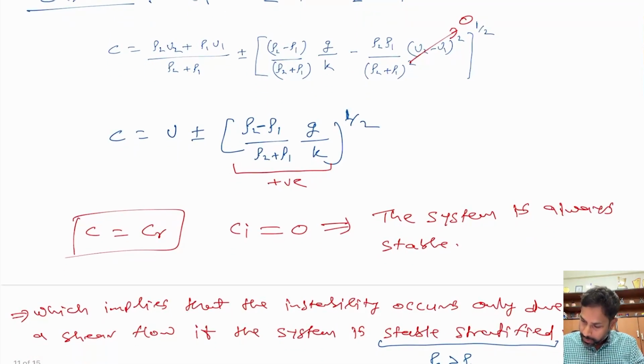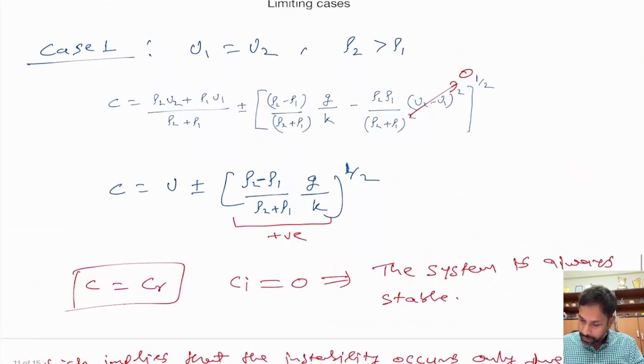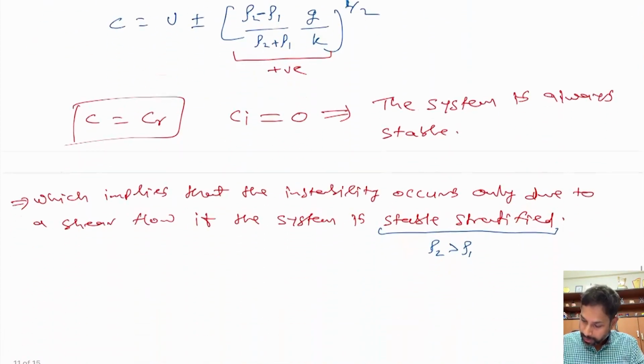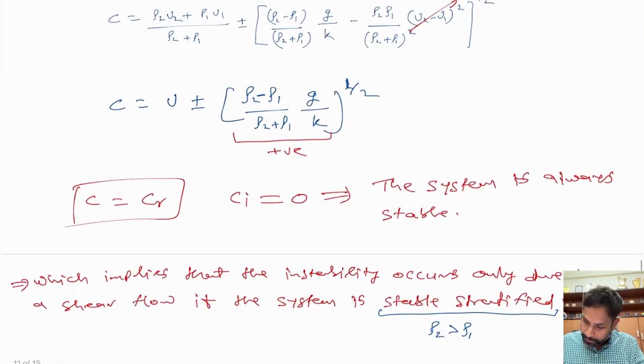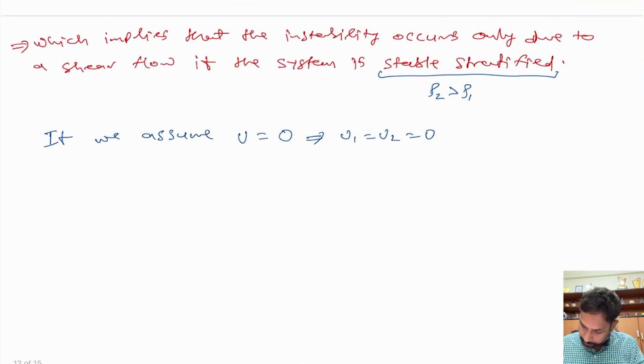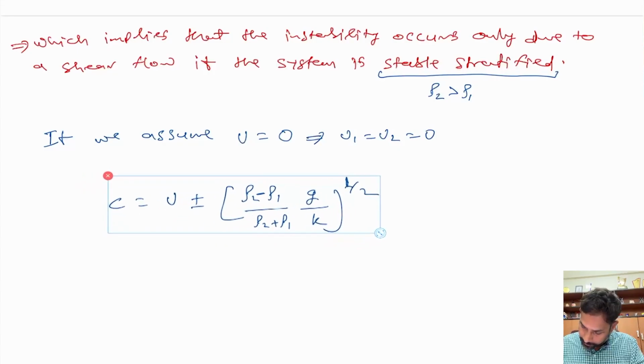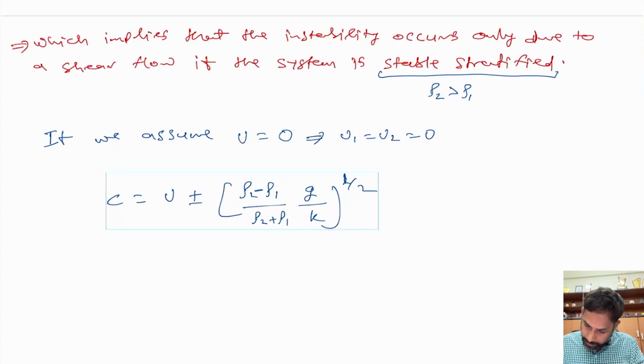So now, assuming that u1 is equal to u2, and considering this equation, if we assume u is equal to 0, or in other words, u1 equal to u2 equal to 0, the equation we get is this, where this becomes 0, right?